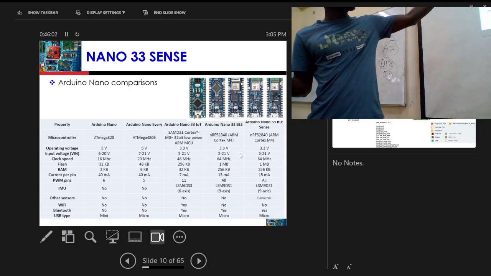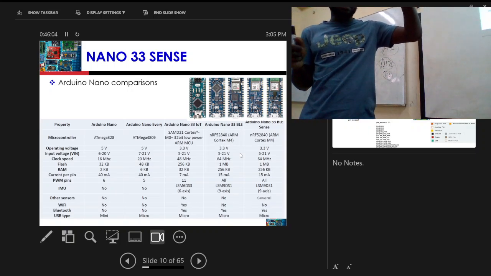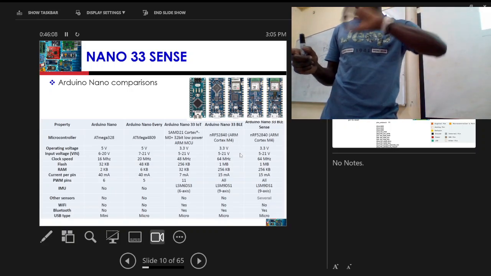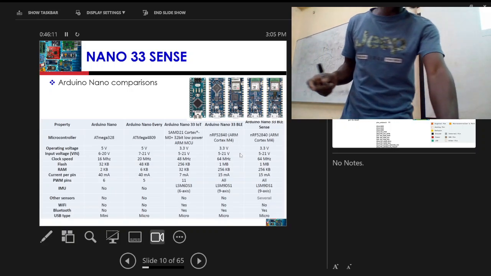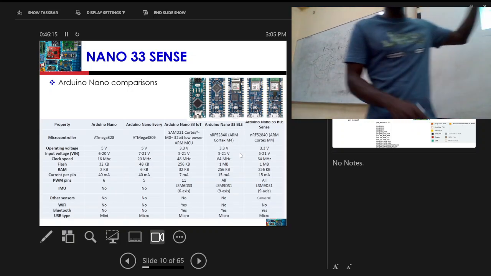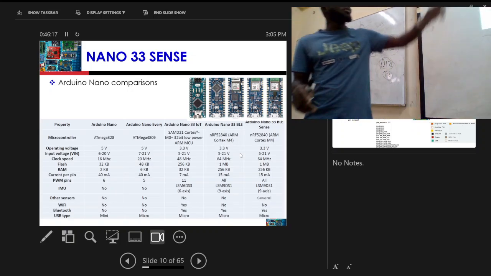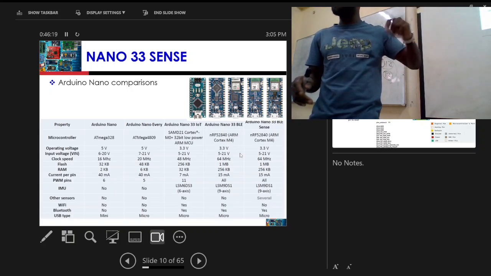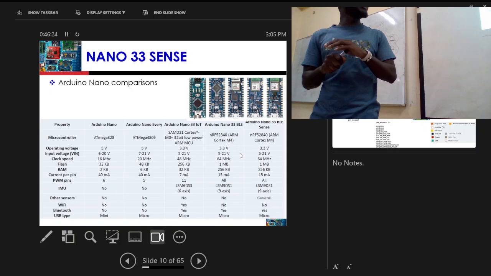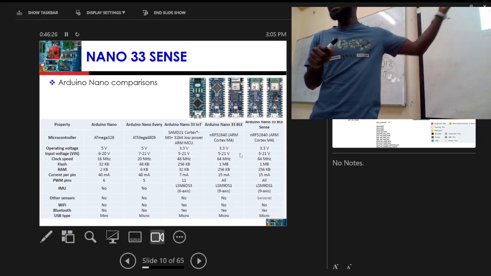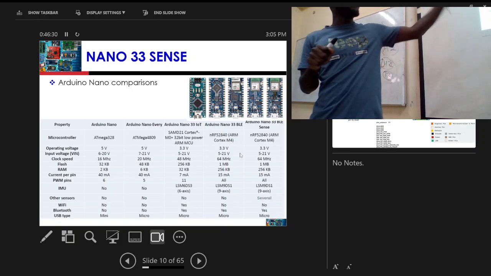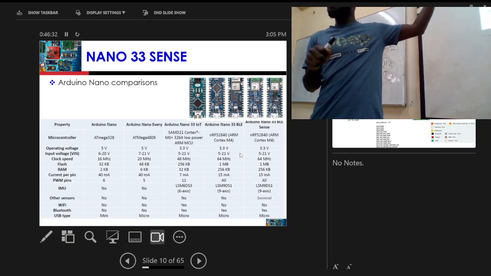You see that they are almost the same in weight, in structure, and in everything, but they contain completely different things. For instance, take the last two: the Arduino Nano BLE, and the last one, the Arduino Nano 33 BLE Sense. You must know exactly what you use. So from the table, what is the main difference?